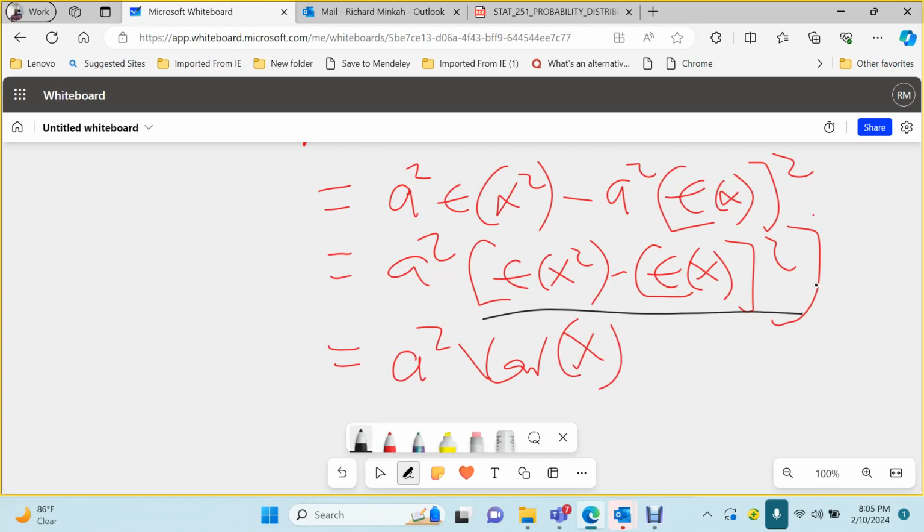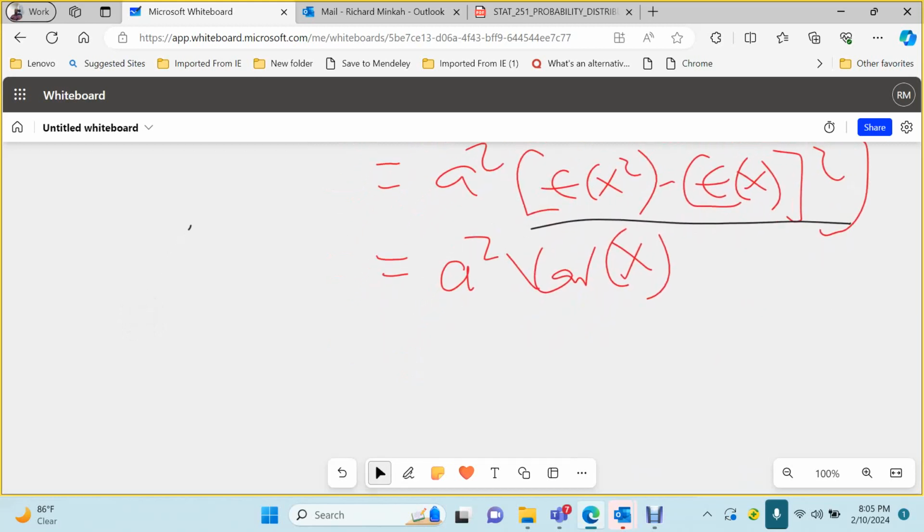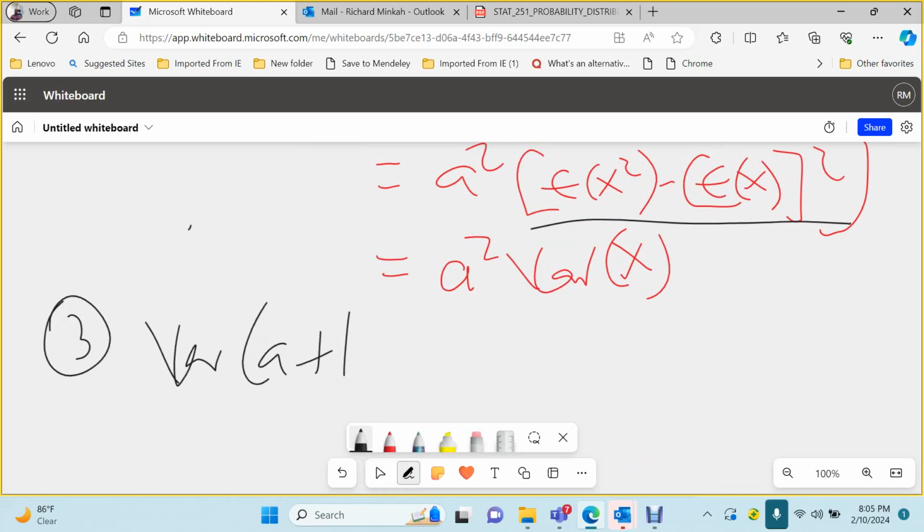Let me look at the third one, unless we have another question. The third one will be variance of a plus bX. What would this one be?